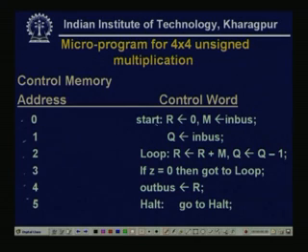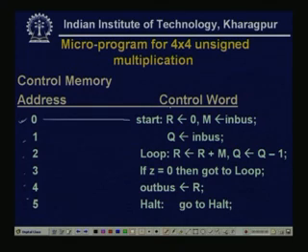And what will be the control words, or the content of the memory? At the 0th address, the register R is reset to 0 and the register M gets the in bus, say the multiplicand.